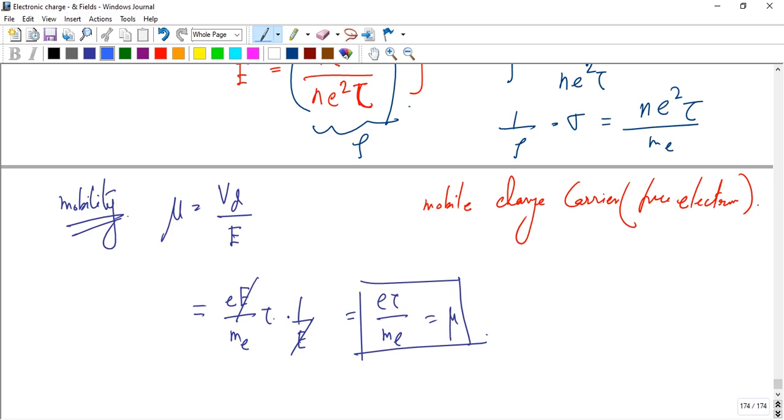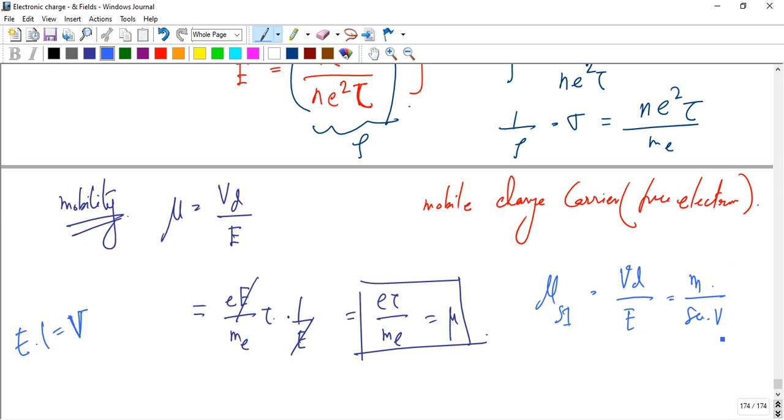And the SI unit is very important. The SI unit is that of v_d by E. The drift velocity is in meters per second, and the electric field is E equal to V by L, so volt per meter. Here capital V represents the potential and small v the drift velocity.